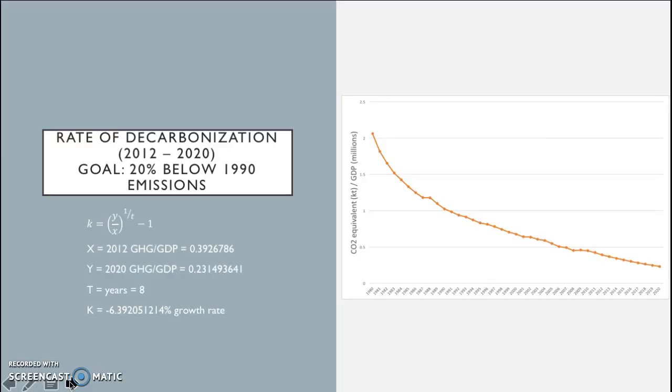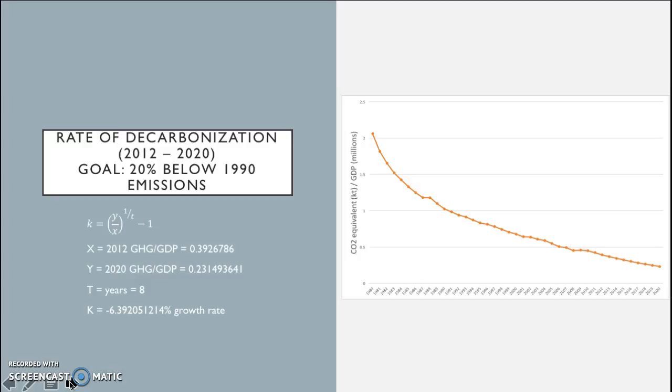So the rate of decarbonization from 2012 to 2020 to get to 20% below 1990 emissions. So again, I took that CO2 equivalent in kilotons over GDP. So I did some estimations of GDP in 2020 and then also looked at our goals for emissions in 2020, the 20% below 1990.